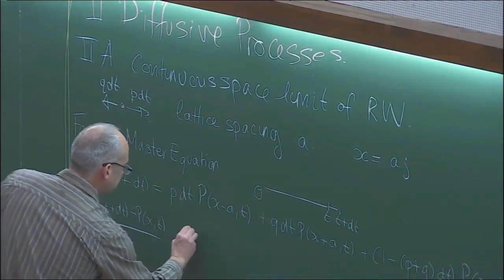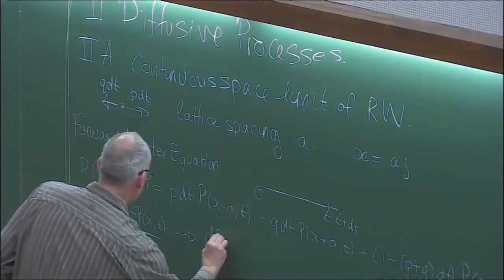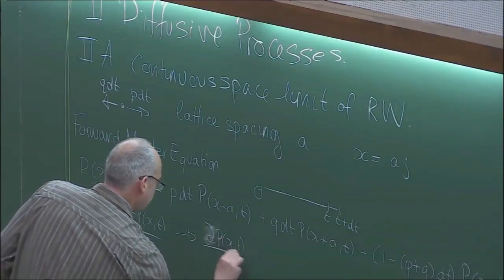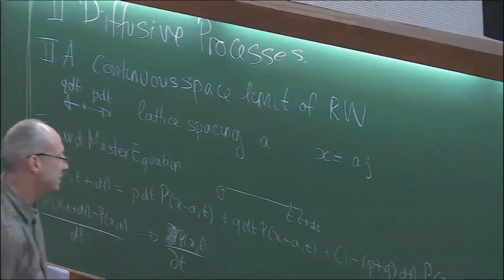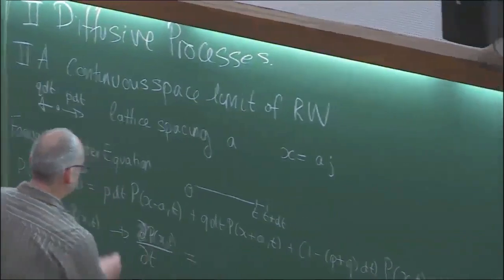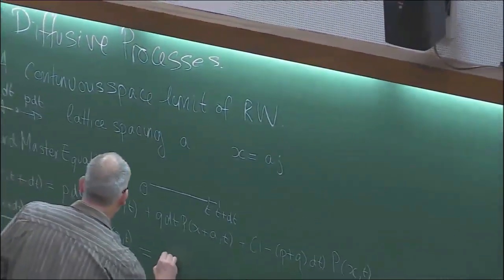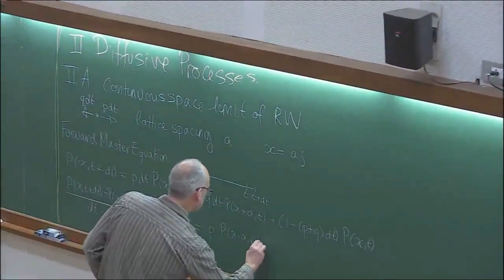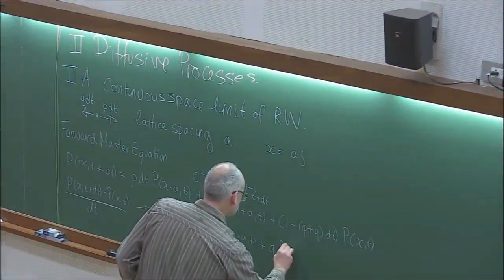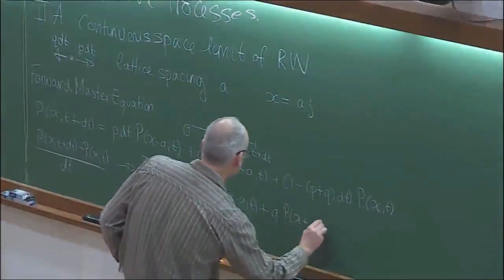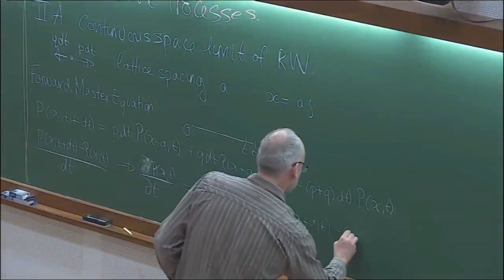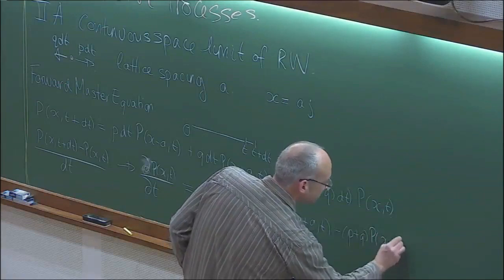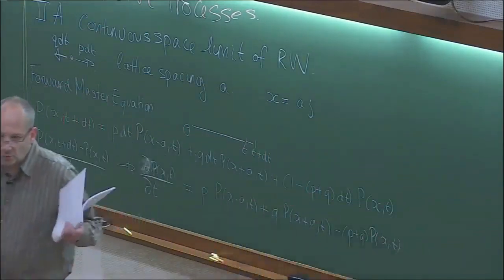So as dt goes to 0, this goes to the partial derivative of P(x,t) by dt, equal to p P(x minus a, t) plus q P(x plus a, t) minus (p plus q) P(x,t). That's actually what we just wrote down last time.